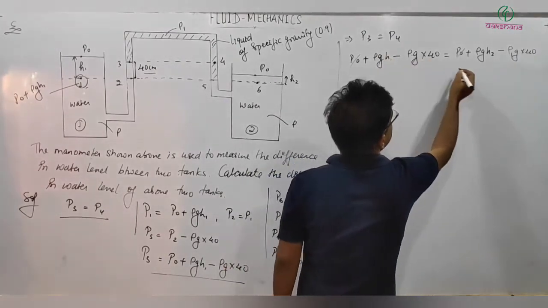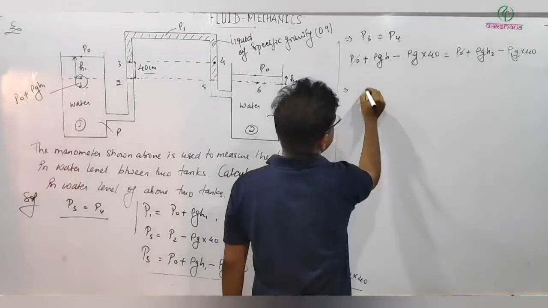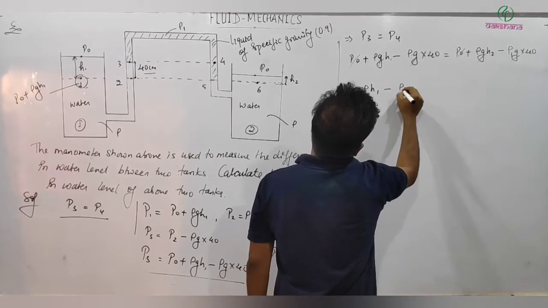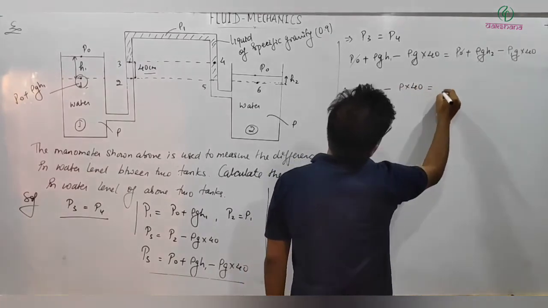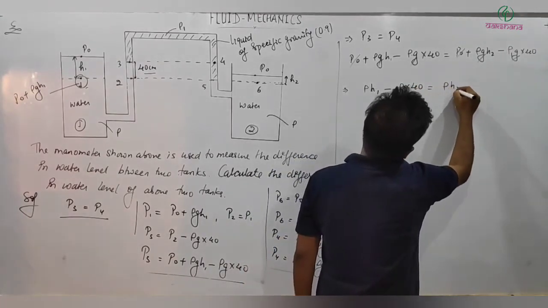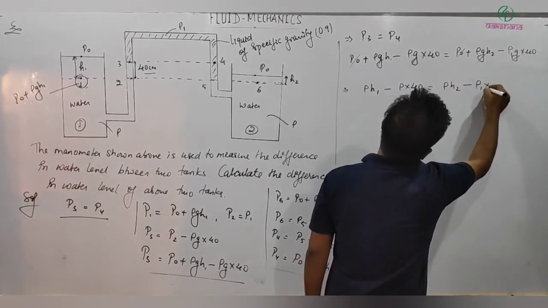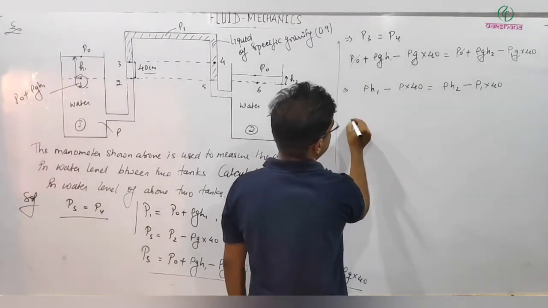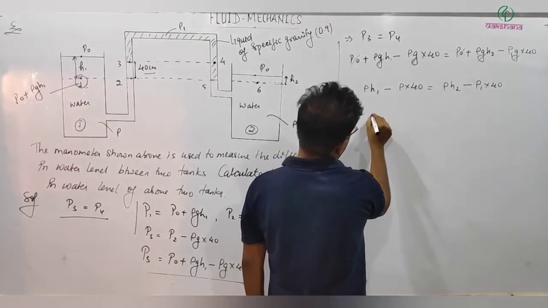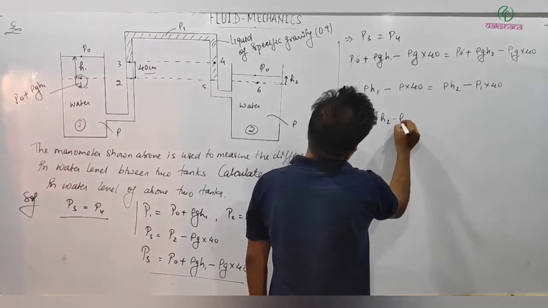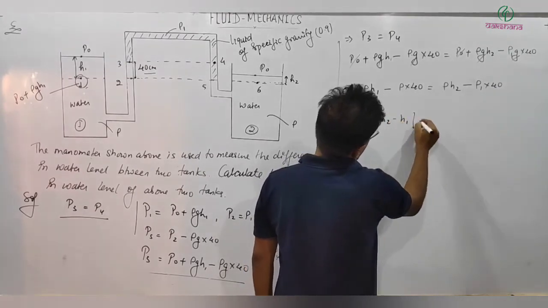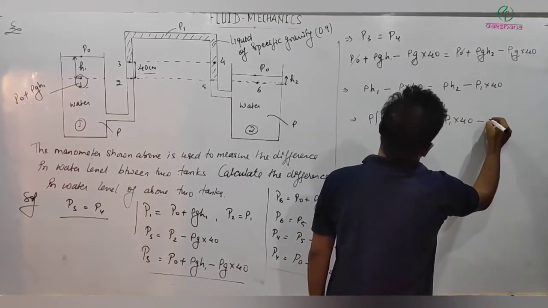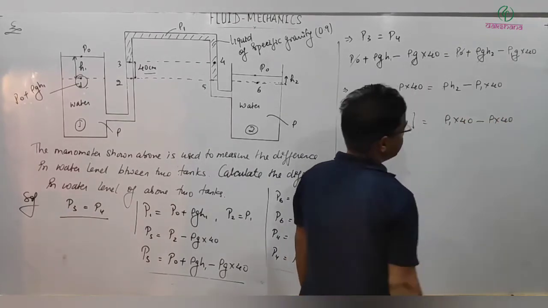G can be cancelled. Then I am left with rho H1 minus rho into 40 equal to rho H2 minus rho 1 into 40. So taking this side, this implies rho times H2 minus H1 equal to rho 1 into 40 minus rho into 40.